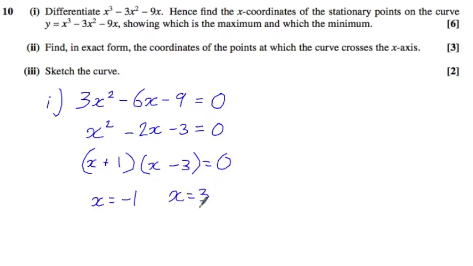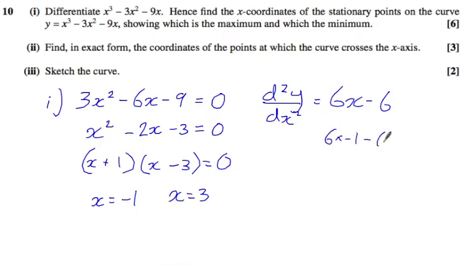But they also want to know which is a maximum and which is a minimum. So let's find the second derivative. So I'm going to differentiate our first derivative, so we'll have 6x minus 6. So if I sub minus 1 into this, I get minus 6 minus 6, which is minus 12.